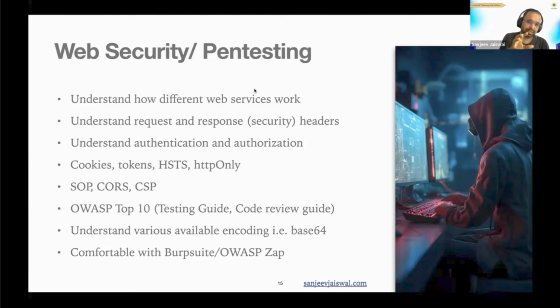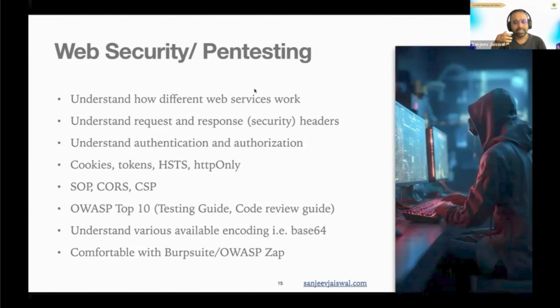Most of these keywords will be in the OWASP cheat sheet series. If you are not aware of it, in the last slide I have explained all these things. But see what OWASP Top 10 is and try to understand all those concepts. OWASP Top 10 is one of the most common references that I use, especially the testing guide and code review guide.